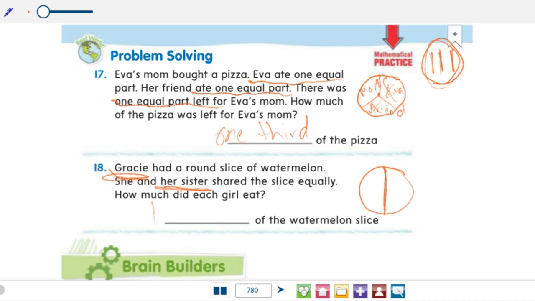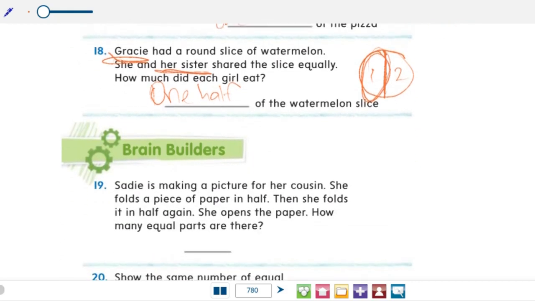They got 1/2 of the watermelon slice. It was a round circle. They cut it into 2 parts, 1 and 2, and just the 1 slice was what Gracie got. So she got 1/2.